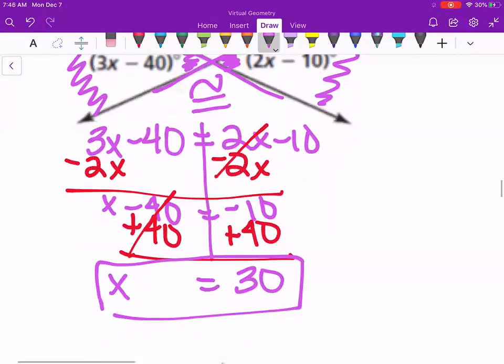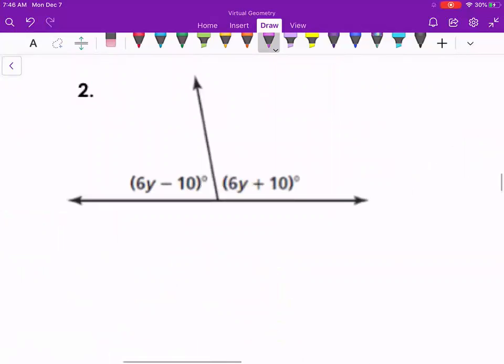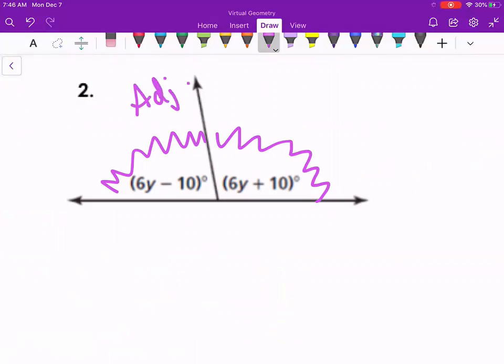All right, number 2. Straight across. This time, our two angles are next to each other, which means they are adjacent, so they should add up to 180. These are linear pairs.